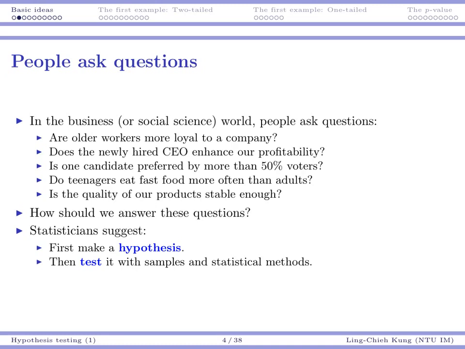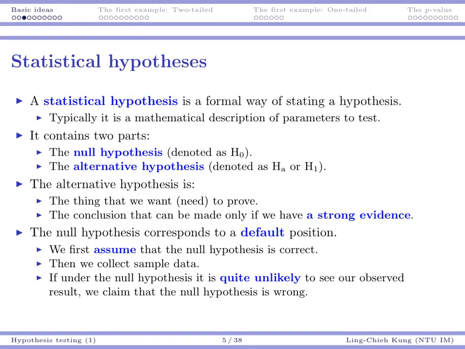We're going to first have a hypothesis. We assume something to be true, and then we collect data. With some statistical procedure, we test whether our assumption is true. Okay, that's our plan.